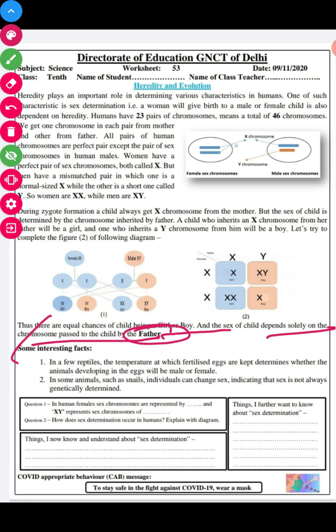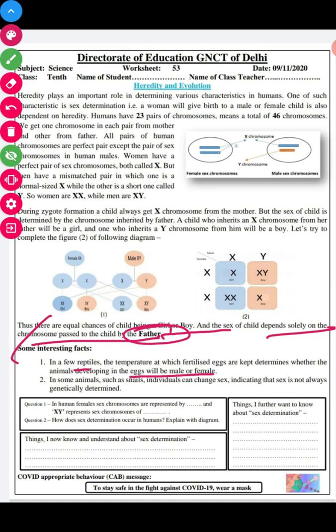Some interesting facts: in a few reptiles, the temperature at which the fertilized eggs are kept determines whether the animal developing in the egg will be male or female, right? The outside temperature determines whether the animal developed in the egg is male or female.